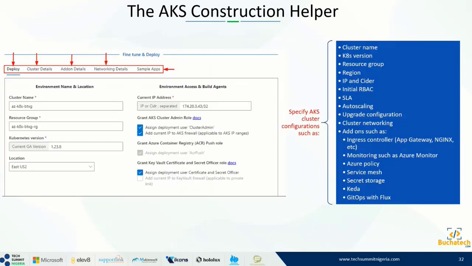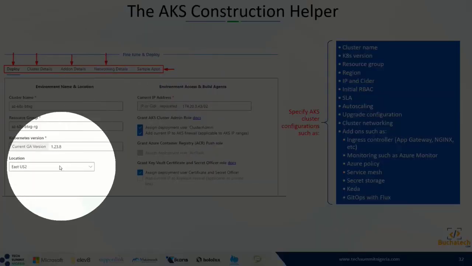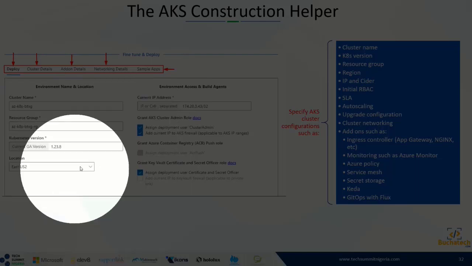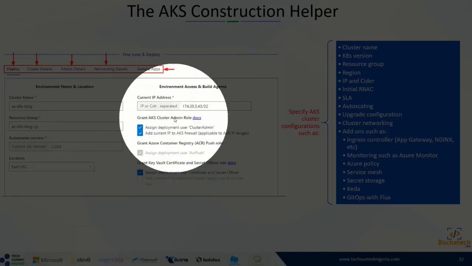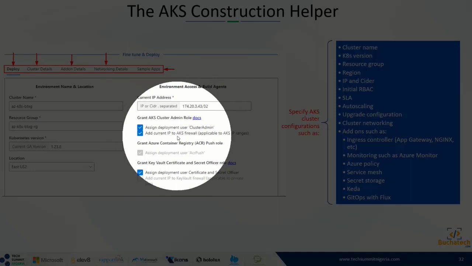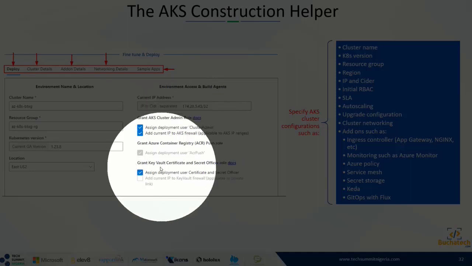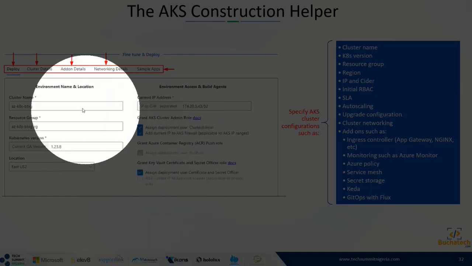And this is an example from the tool of configuring your cluster. So like your cluster name, your version, your region that you're going to deploy into, what your seeder for your IP addresses is going to look like. Do you want this integrated with AKS firewall? And there's a way to integrate it with Azure Active Directory in the tool as well.